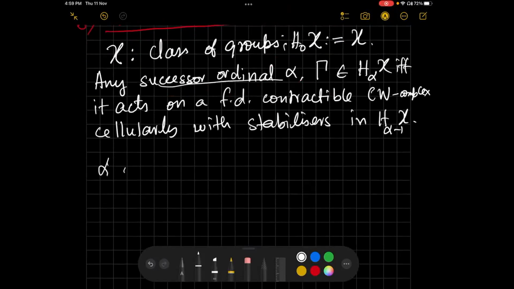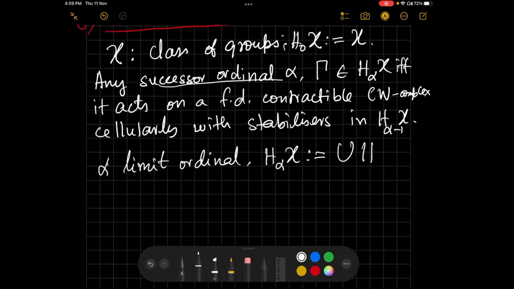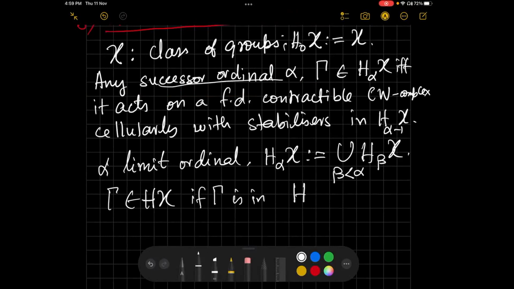And if alpha is a limit ordinal, then H alpha x is defined as the union over all H beta x, such that beta is strictly smaller than alpha. And I'm going to say gamma is in Hx if gamma is in H some ordinal.